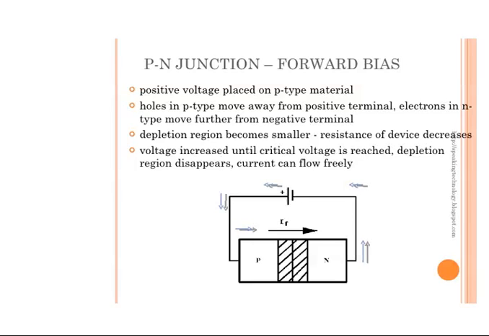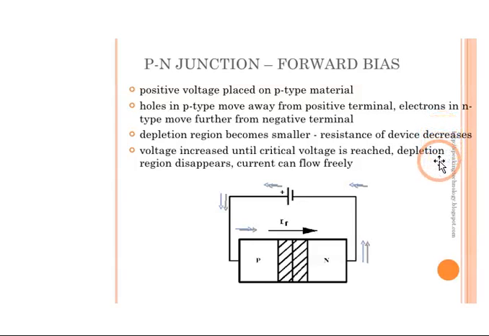In short, when the positive terminal of the battery is connected to the P side and the negative terminal of the battery is connected to the N side, that is positive to P and negative to N, a forward biased diode is produced. According to this, with positive voltage placed on the P-type material, holes in P-type move away from the positive terminal, and electrons in N-type move away from the negative terminal.